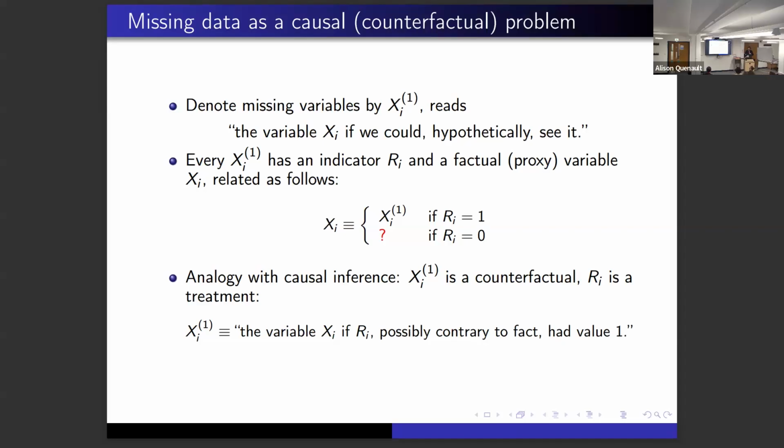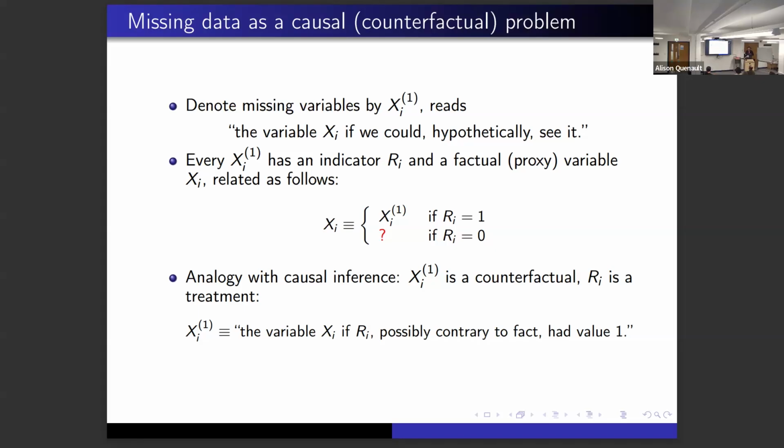Okay. And the analogy, so you notice that the underlying variable has a little parenthesis 1 in there. And this is a syntactic analogy to causal inference problems. It's a variable had you been able to see it. So here, the parenthesis 1 refers to the value 1 of the observability indicator R. So it's what would the value be for this variable had somebody hypothetically intervened on that indicator and forced it to be 1, which indicates observability.